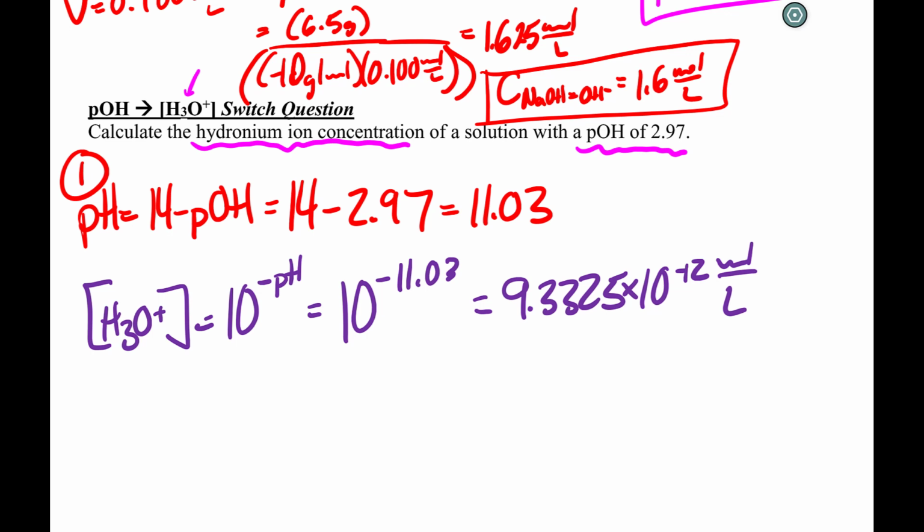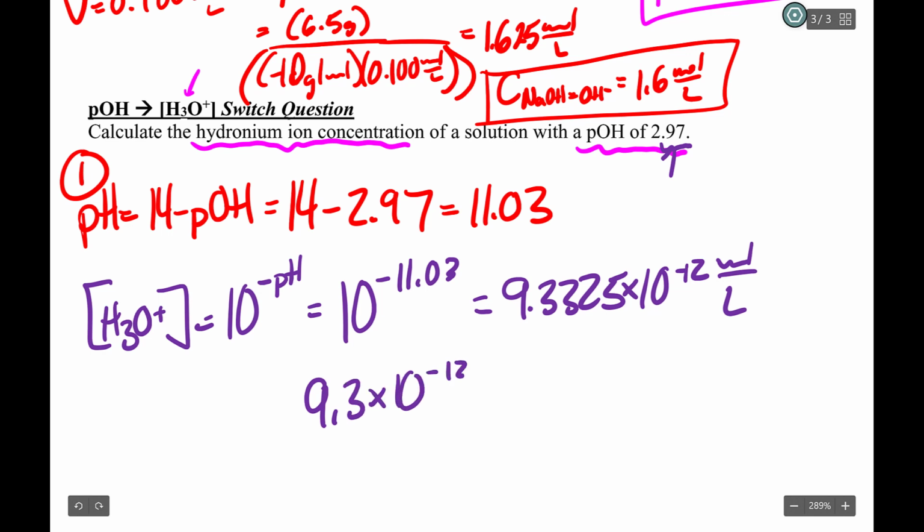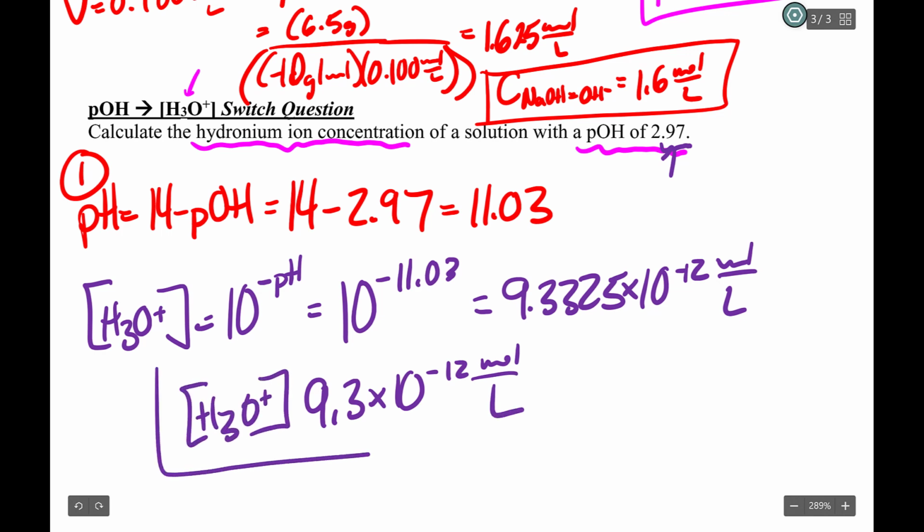Now, with significant digits, this has 2 decimal places, so it's 2 significant digits. So 9.3 times 10 to the negative 12 moles per liter is equal to the hydronium ion concentration.